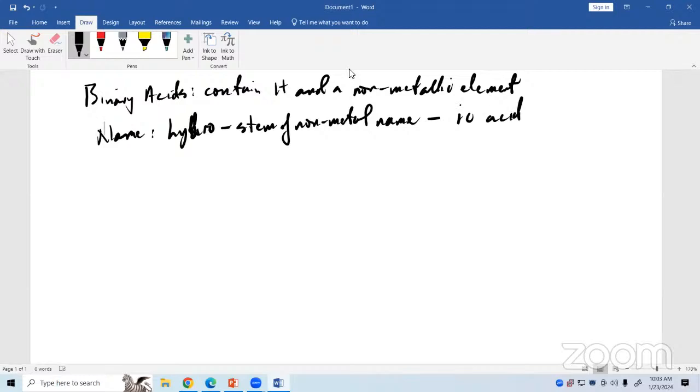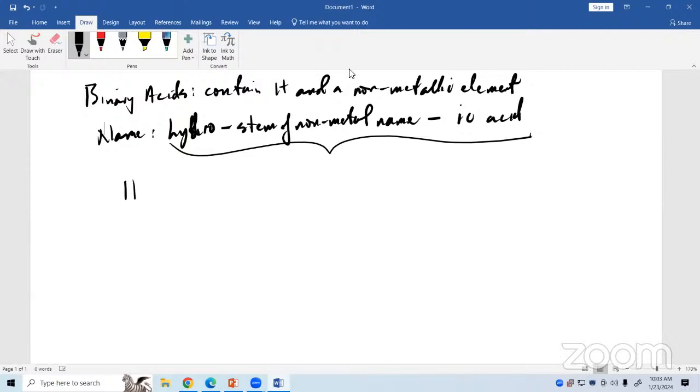All right. So basically, this is how we go about naming binary acids. All binary acids start off with hydro, then the stem of the name of the nonmetal that's associated with it, and then ic acid. All right, now let me give one or two examples.